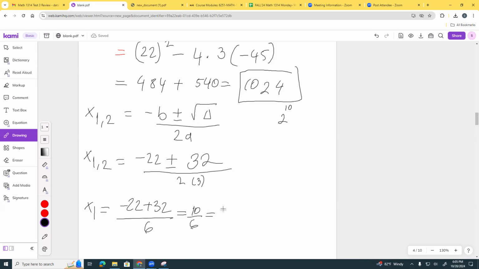And 10 over 6 is the same thing as 5 over 3. The second zero will be calculated as negative 22 minus 32 over 6. That's negative 54 divided by 6. Negative 54 divided by 6 is negative 9. As you see, we got the exact same 2 zeros as I got with factoring.